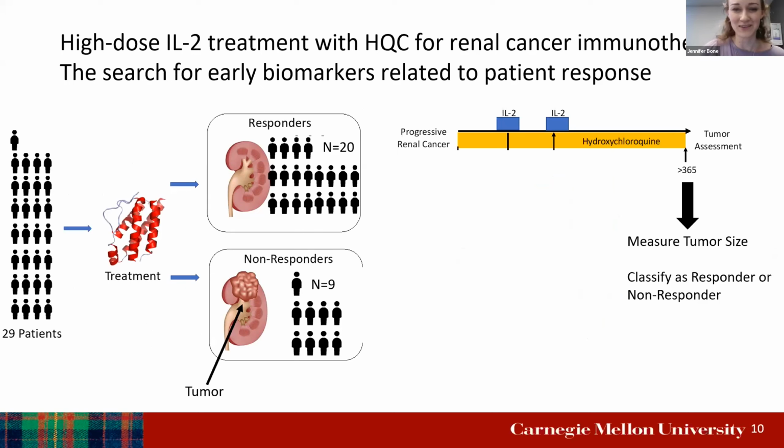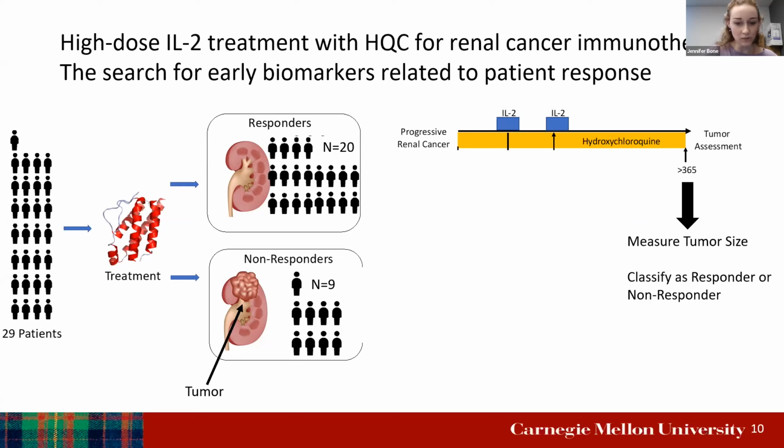Sure. Thank you so much for the introduction. So as Dr. Lotze said, we're looking at how IL-2 treatment is functioning in these patients and why certain patients are responding and not responding. So basically in this work, we are really searching for biomarkers related to the adaptome for predicting the patient response to IL-2.